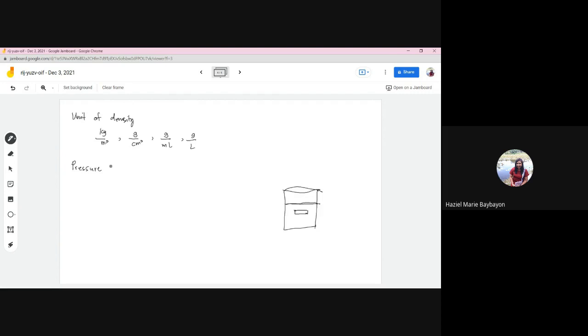So this pressure can be quantified. So pressure, denoted by P, is equal to force per unit area. Okay. So we have F over A.